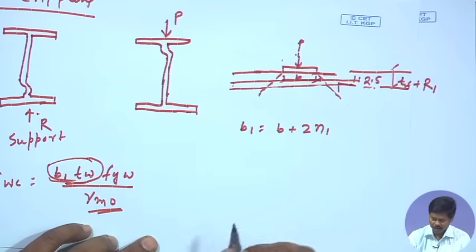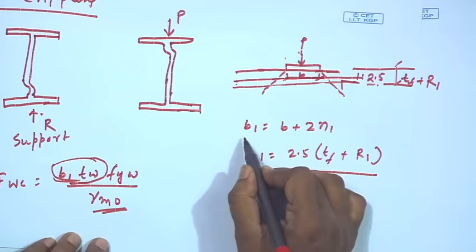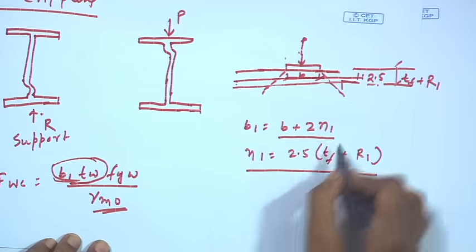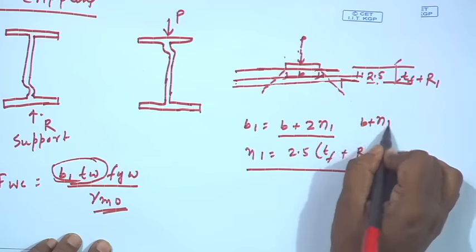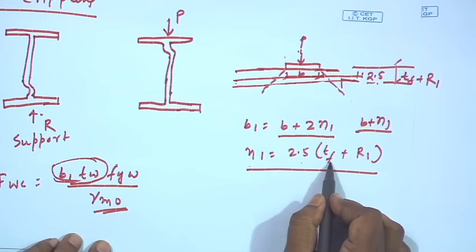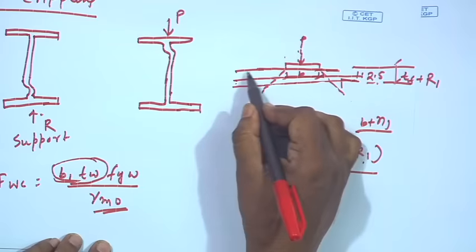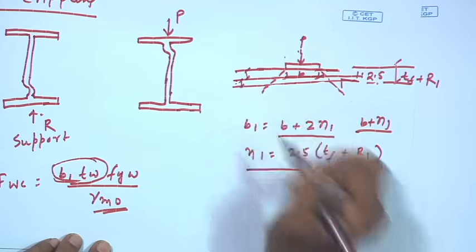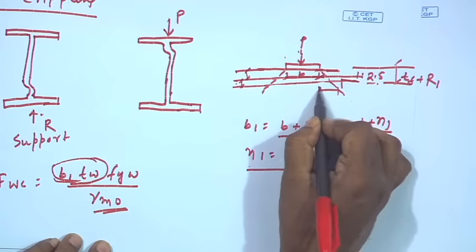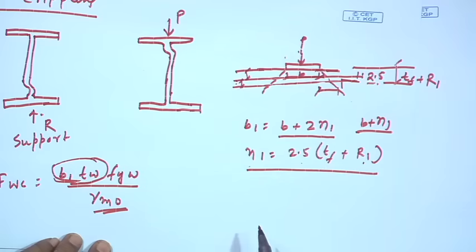So, what we can see is that we have to find out the dispersion length, which is b plus 2n1 for concentrated load, and if it is under support condition, then it will be b plus n1, right. Now, n1 is 2.5 into tf plus r1, because this is tf and this is r1. So, tf plus r1 will be the depth. So, dispersion will be tf plus r1 into 2.5.